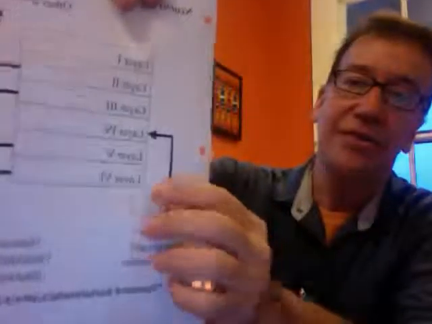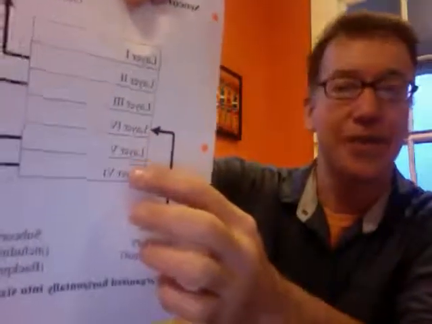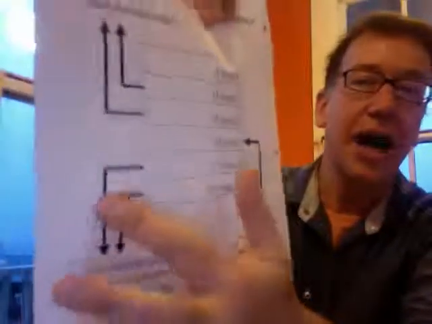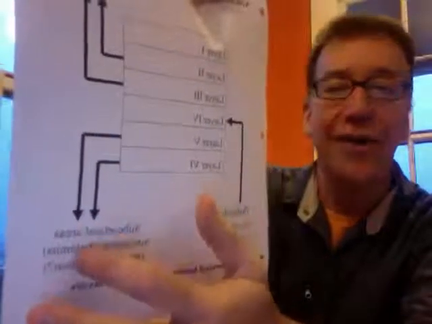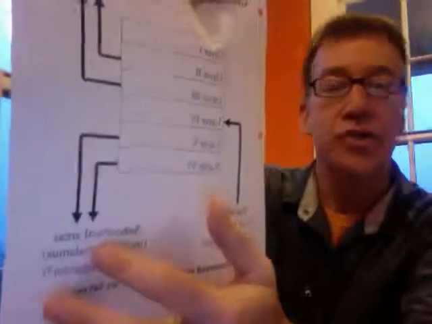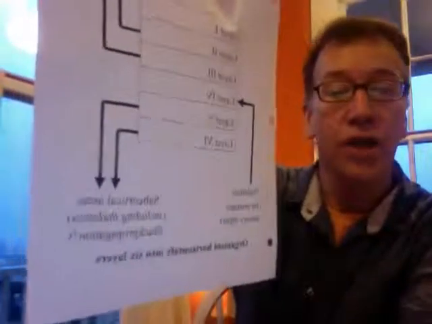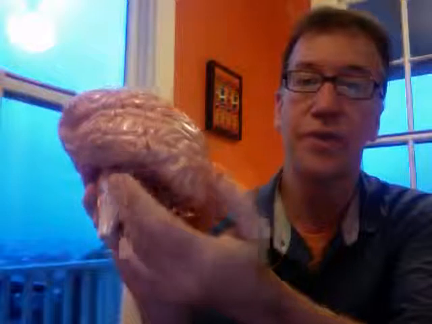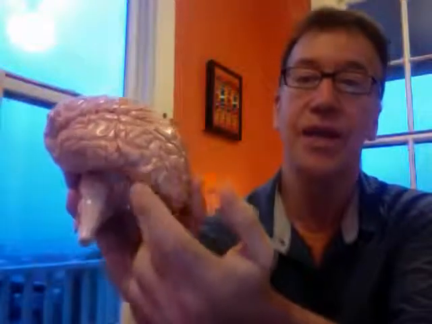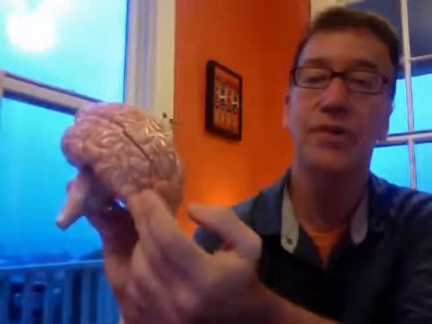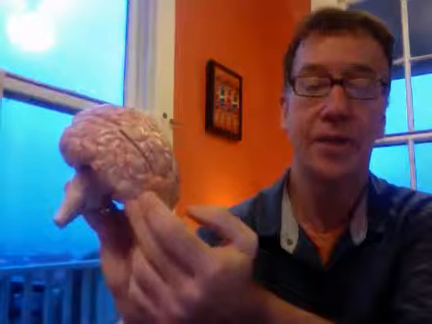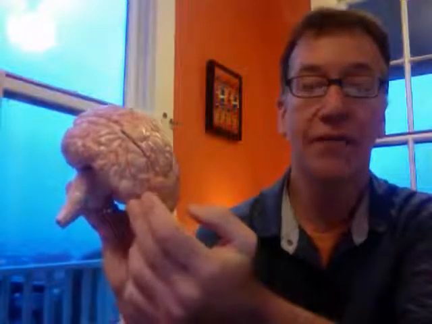Now, layers 5 and 6, the deepest layers, actually are output to non-cortical structures, actually to subcortical structures. So, for example, in primary visual cortex, you've got all these projections, all this visual information coming in from the thalamus, heading into primary visual cortex in the occipital lobe, arriving in layer 4.